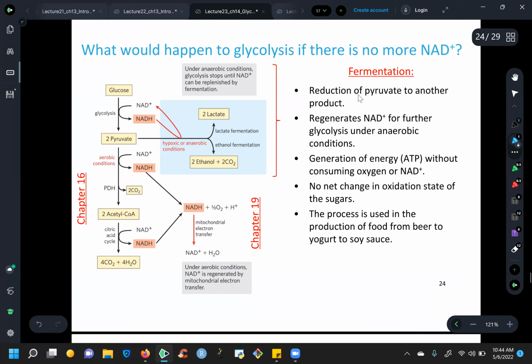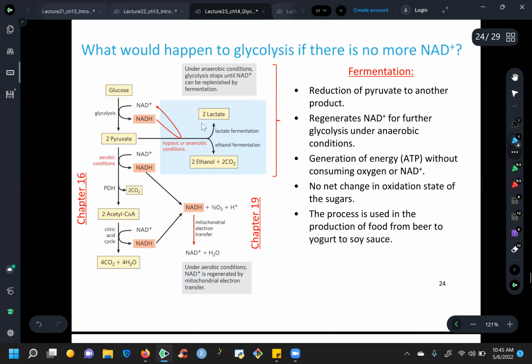Fermentation is a reduction of pyruvate to another product. We talked about that earlier, how from pyruvate you can go to 2-lactate or to ethanol, depending on what you are. So lactate fermentation in humans and ethanol fermentation in yeast. Regenerates NAD+ for further glycolysis under anaerobic conditions.